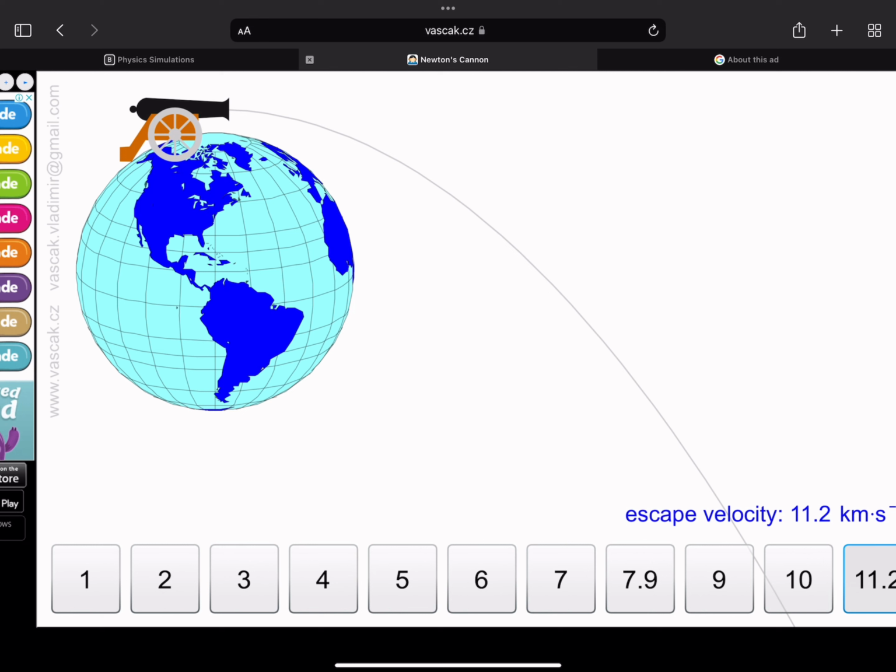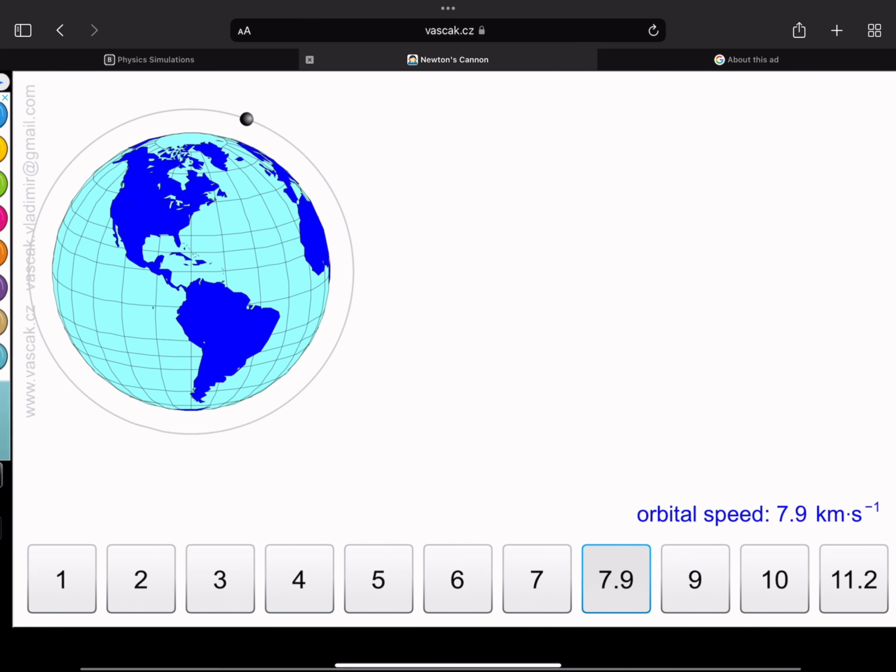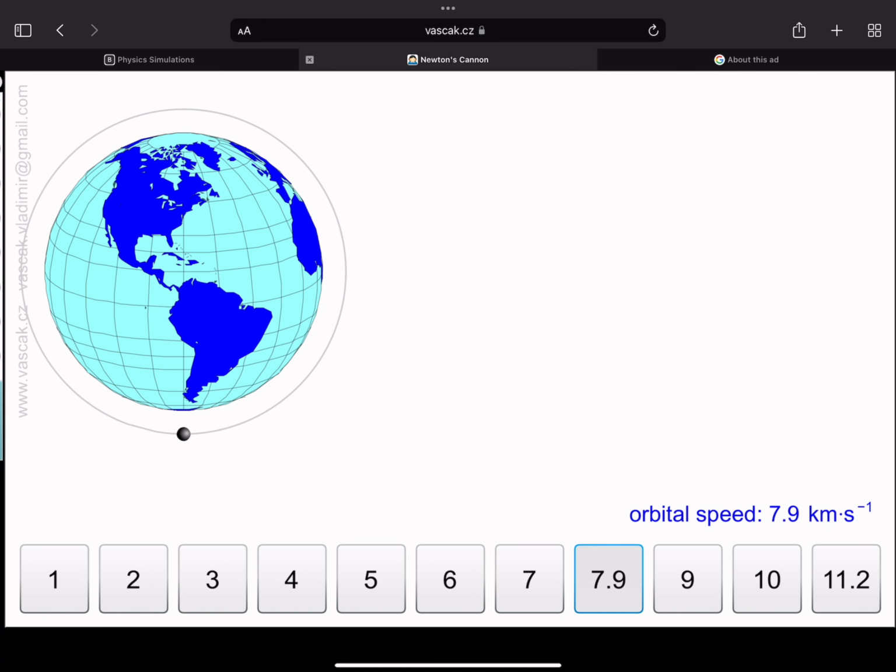So you can use the term escape velocity, but the main point here is that if we impart 7.9 kilometer per second to a satellite, the satellite will start moving around the earth in a circular orbit.